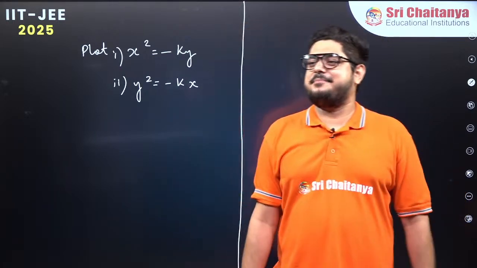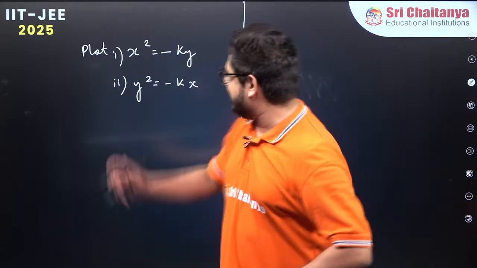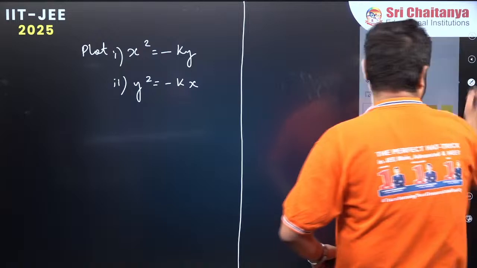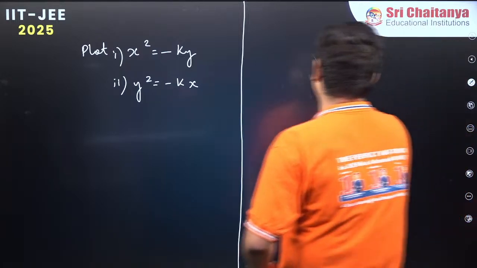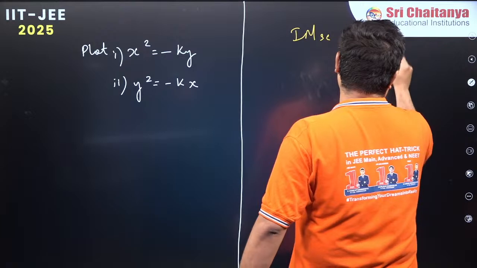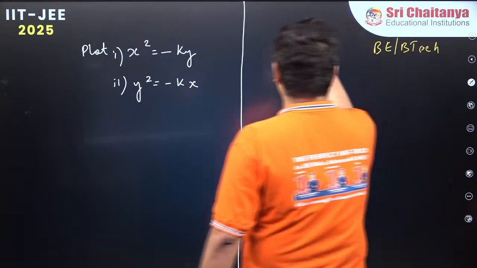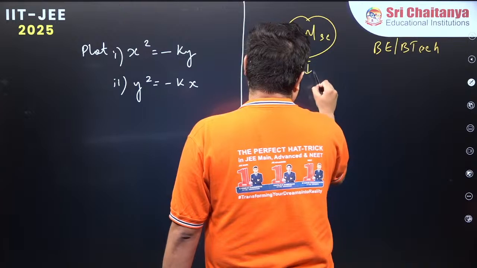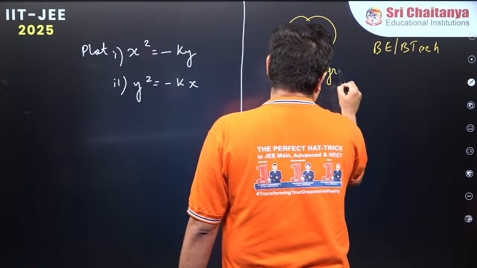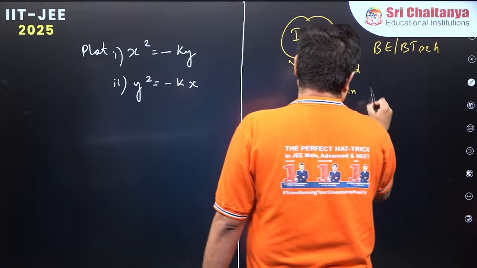Yes, Kunal, it's already been given. It's integrated MSc in physics, IMSc physics. I believe that everyone knows this. There is something known as integrated MSc. It's not that you can only go for BSc or BTech. You can also opt for IMSc, which stands for integrated MSc. It's there in physics.